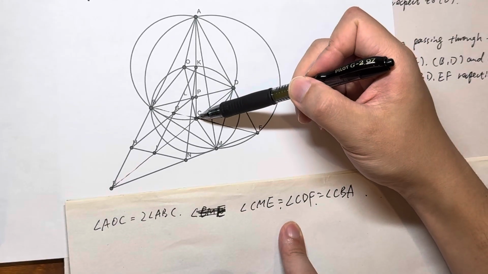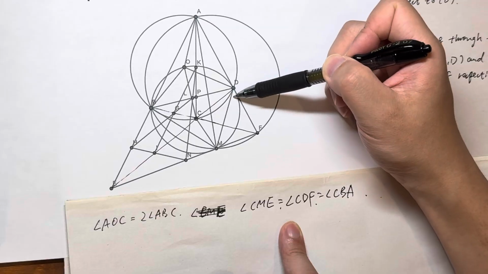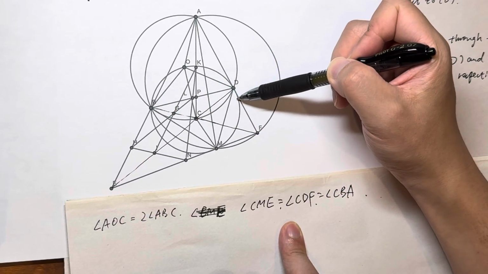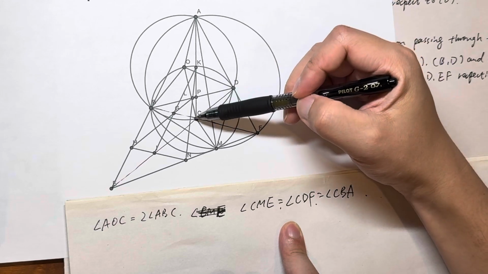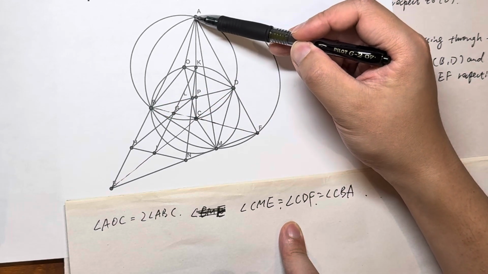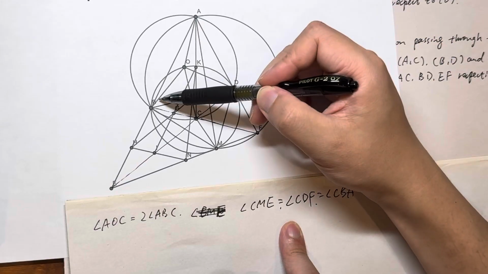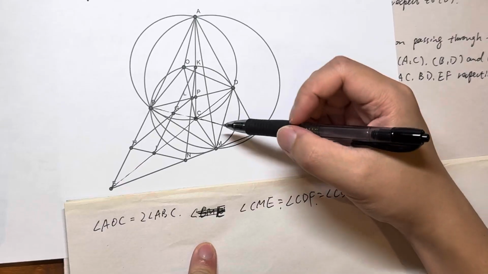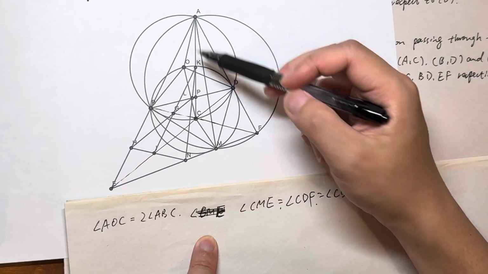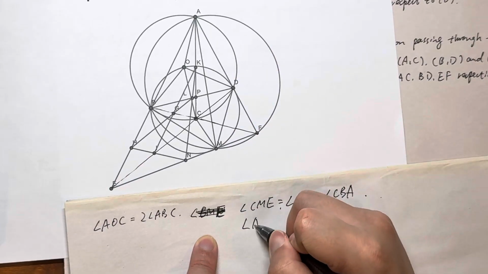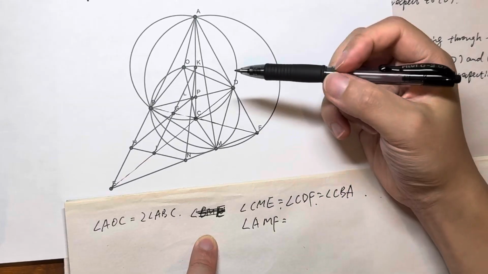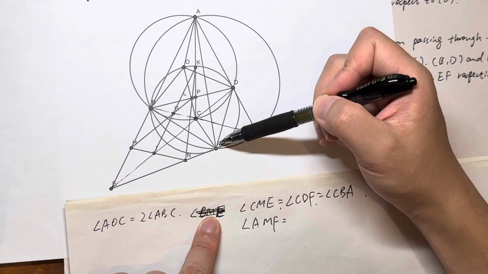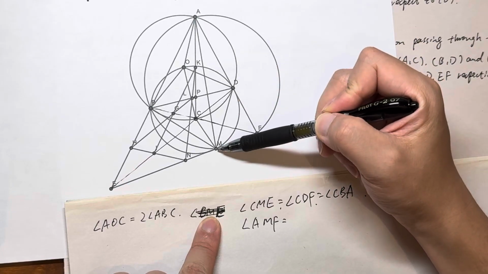See here, the angle CDF. Because ABCD are cyclic, angle CDF equals angle CBA. This angle equals this one. And if we look at the angle AMF, the angle AMF here.